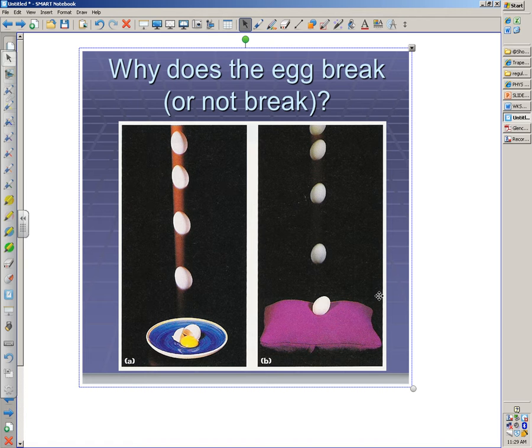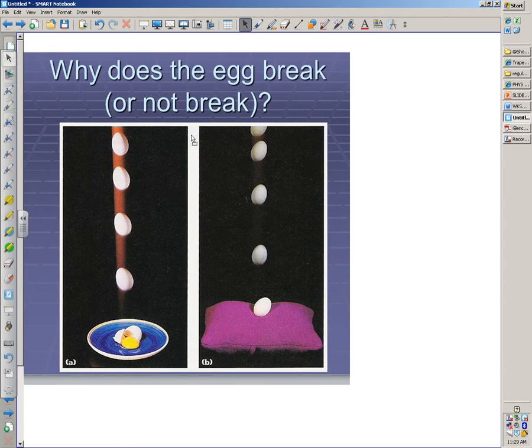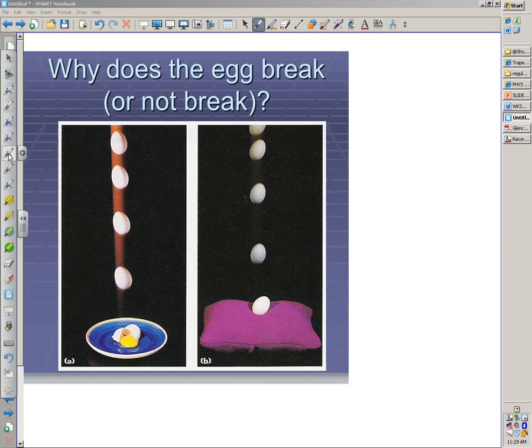But in this case, what has to happen to both of these eggs? They both have to stop, right? So we talked about on Friday that in using impulse momentum, sigma F delta T equals m delta V, a lot of times in the case of stopping, this side of the equation is the same no matter how we do it.